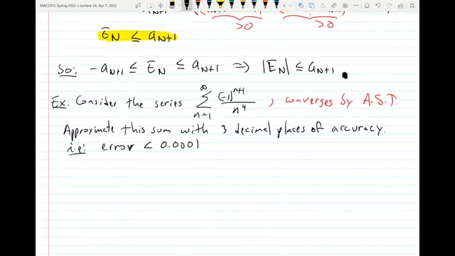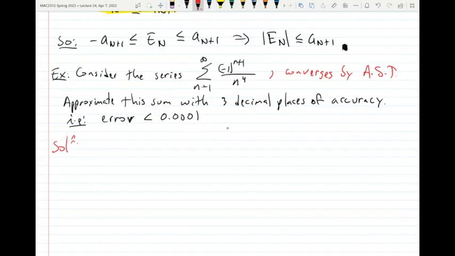Where do we make the cutoff in the infinite sum? What's going to tell you this is the term that will be less than this number. So if you guarantee that you have a term that's less than this number, and you made the cutoff right before that one, you know that the error is less than this number. If it's less than this, then you're good to go. Okay? So let's do it.